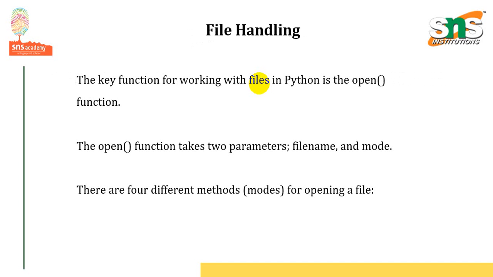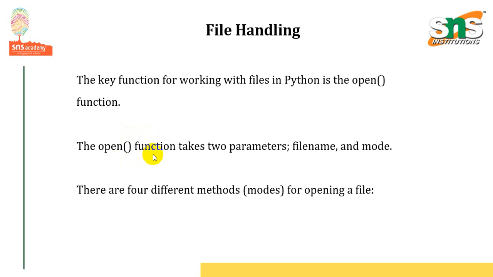When we come to the key functionalities of file handling, once we have created a file, we are supposed to open it, right? After creating, if you want to read something from a file, we need a function called open. This open function plays a vital role in file handling.